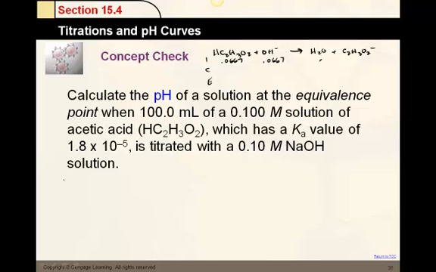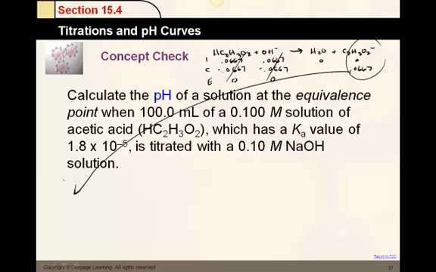So in this case, we don't have any products. When we subtract 0.0667, this is 0.0667, we don't have any reactants at all. In fact, we only have products. So the major contributor of the pH is actually this, because it's the only thing left. I'm going to put it down here.